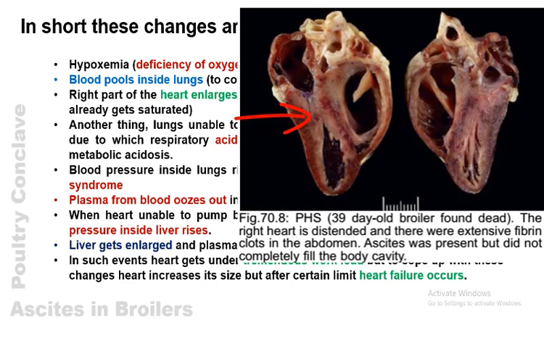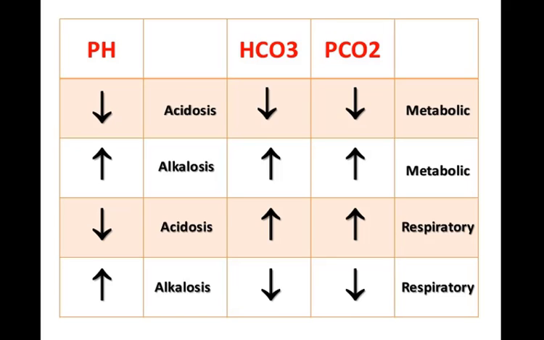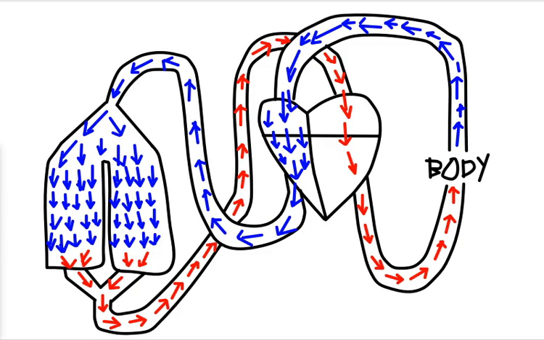The right part of the heart enlarges to push more blood into the lungs, but lungs are already saturated with blood. Another thing, lungs are unable to remove excess carbon dioxide from the blood, due to which respiratory acidosis builds up, which ultimately converts into metabolic acidosis. Blood pressure inside lungs rises, which is called pulmonary hypertension syndrome. The plasma from blood oozes out into the open space.